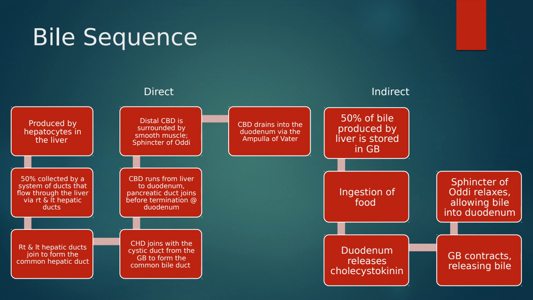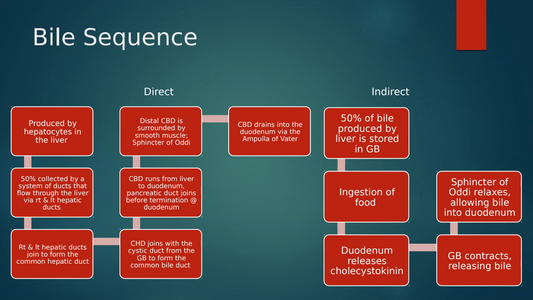It's going to drain into the biliary system by little ducts that sit in the liver. They all join to form larger ducts, and eventually we get the common hepatic duct. Our common hepatic duct, as we know, is going to join the cystic duct from the gallbladder. The two together are going to form the common bile duct.